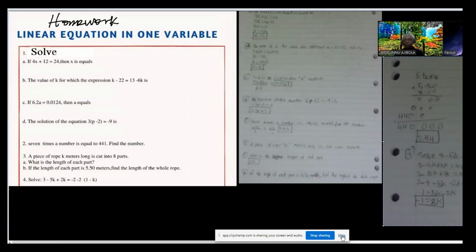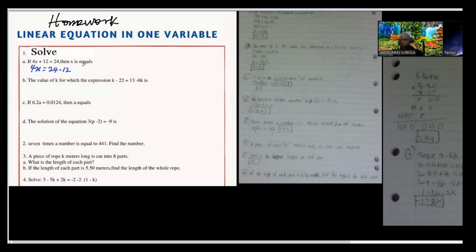The first question says, if 4x plus 12 equals 24, then you should find x. I think your answer is 3, right? Yes, I think your answer is correct. But let's check it again now. 4x equals 24 minus 12, because the 12 comes over and becomes negative.